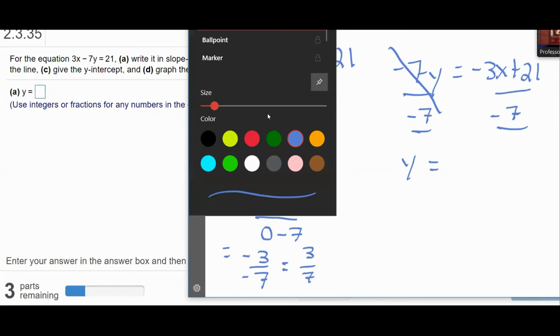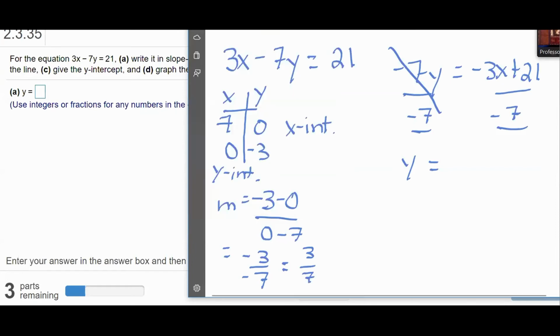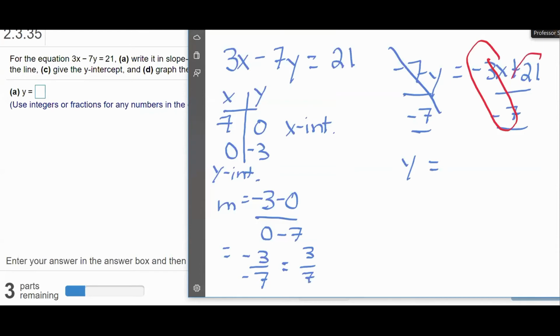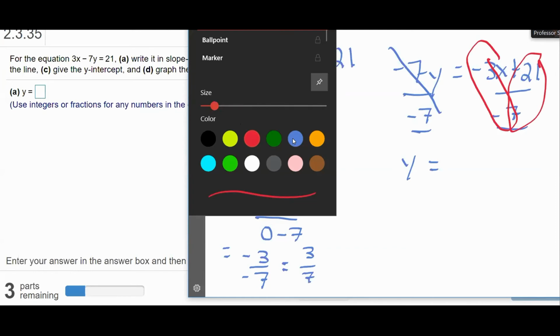So, in a sense here, in a very real sense, I'm going to be distributing that division by negative 7. We already saw down here, negative 3 over negative 7. We'll have positive 3/7 in front of the x.